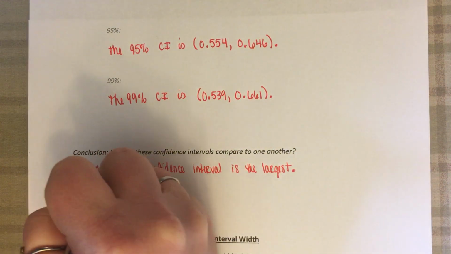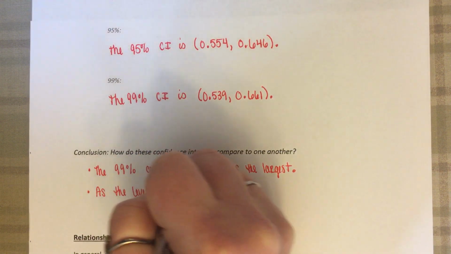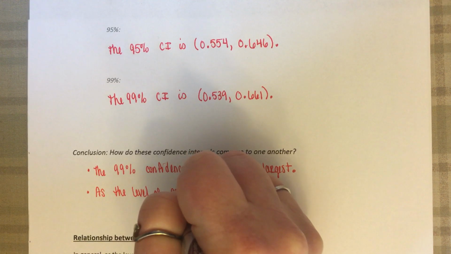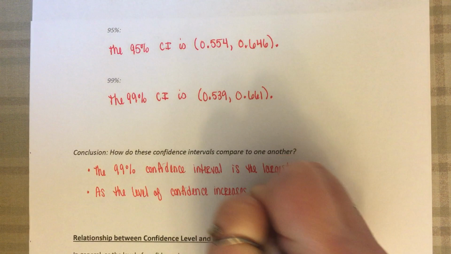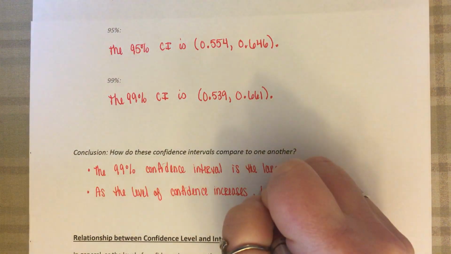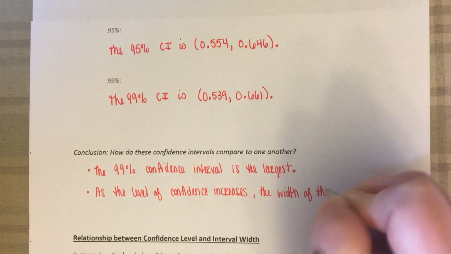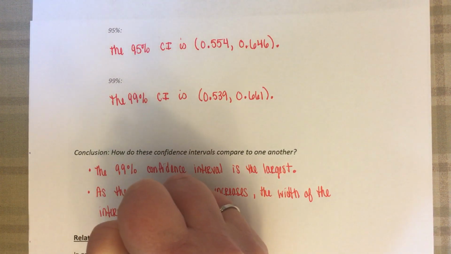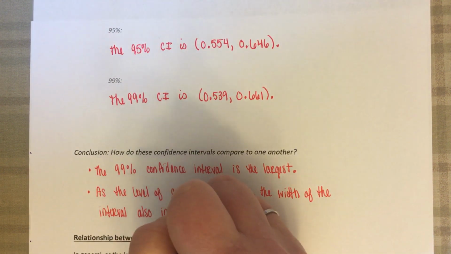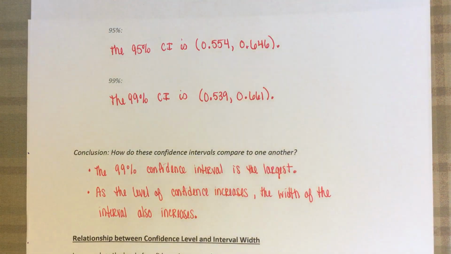And then we can also say as the level of confidence increases, the width of the interval also increases. So as our confidence level gets larger, our interval gets wider.